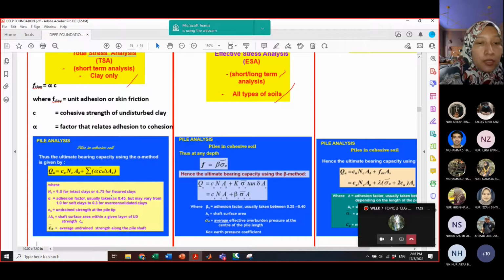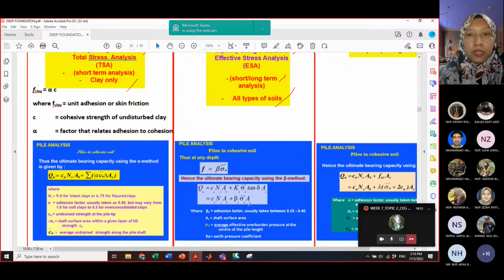Meanwhile, for fissured clay, we will use NC of 6.75. It is also recommended that for the adhesion factor, usually we can take the value of 0.45, or 0.34 for overconsolidated clay. Okay, that is the alpha method.